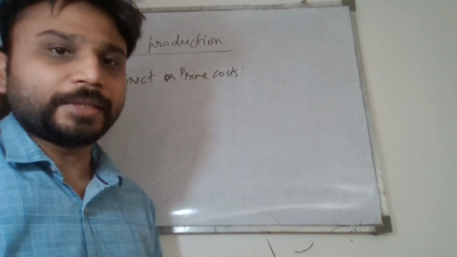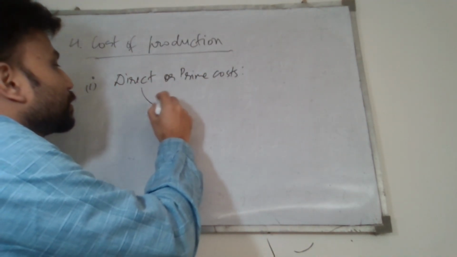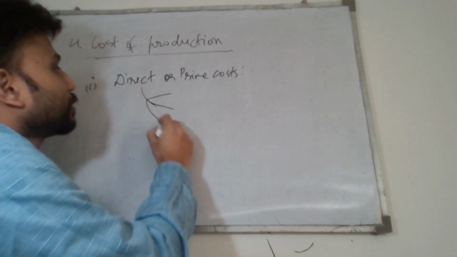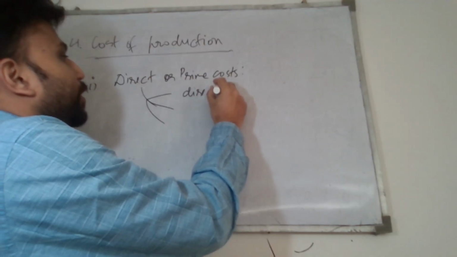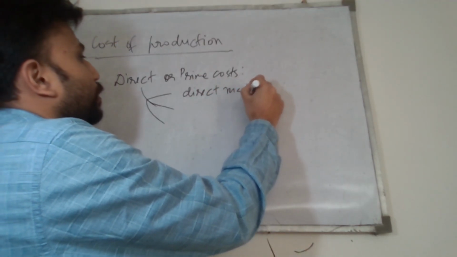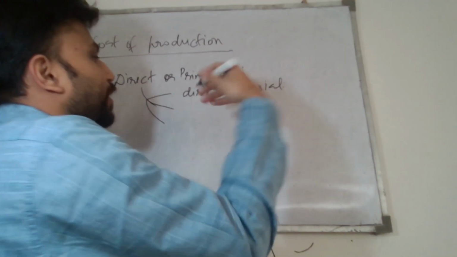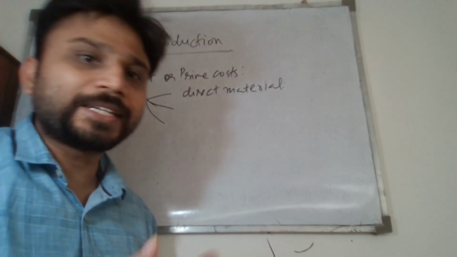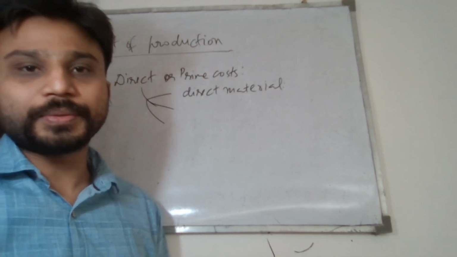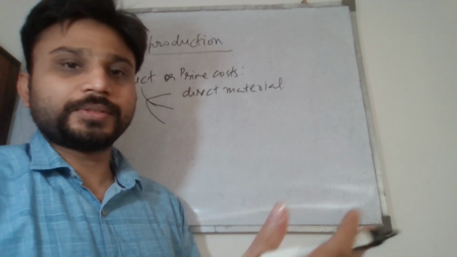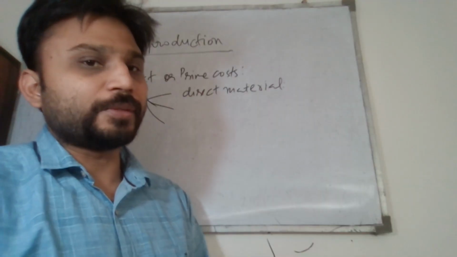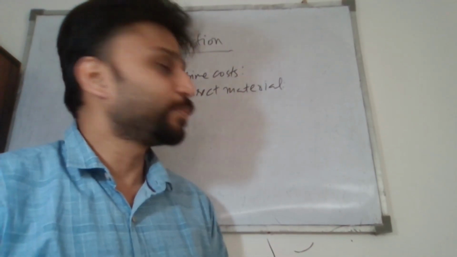Direct cost means they can be direct labor or direct material cost which is going to be used. Like in the case of a brake pad, whatever mixture we are using is to be put directly in the final product. That is direct material cost.